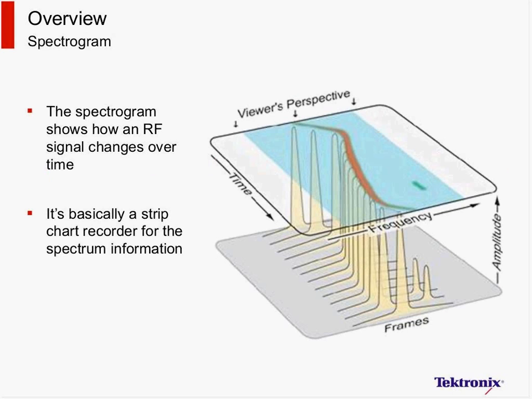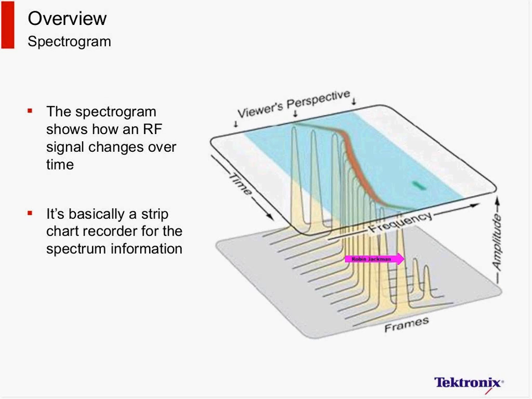Back in the old days, swept-tuned spectrum analyzers showed us either frequency versus amplitude or amplitude versus time, but not at the same time. Modern spectrum analyzers give us what's called a spectrogram display. The spectrogram display shows us the regular spectrum here, but from a different perspective.